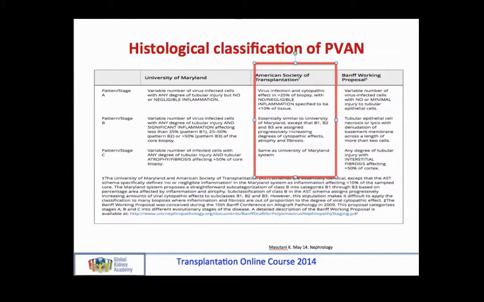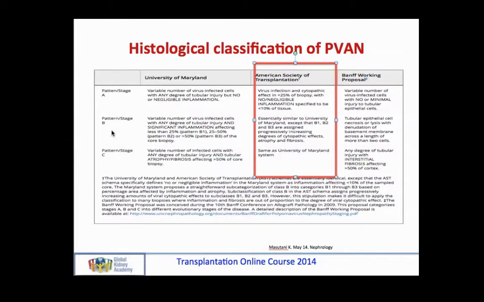So this slide summarises 3 different histological classifications of BK-associated nephropathy: the University of Maryland classification, the AST classification, and the Banff working proposal classification. All slightly different, but in broad terms quite similar, really.